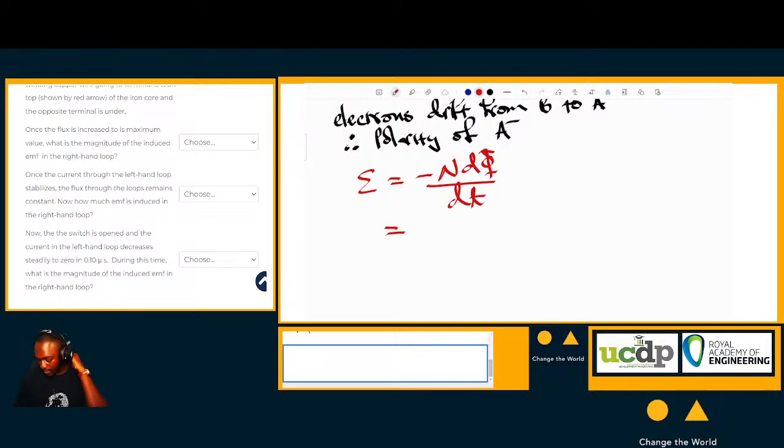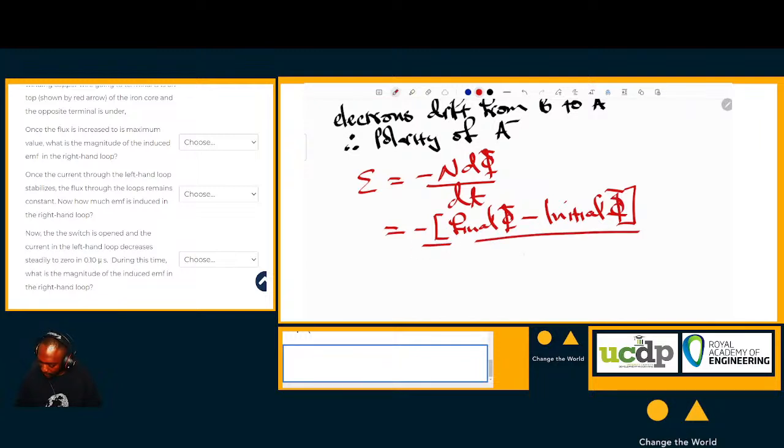So change in flux is going to be final flux minus the initial flux over the time.